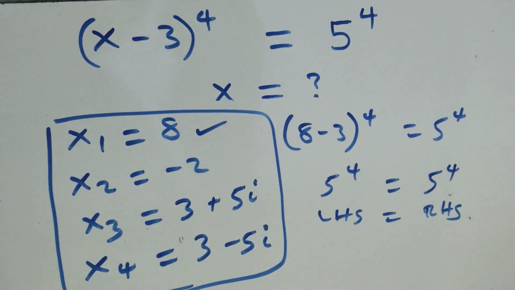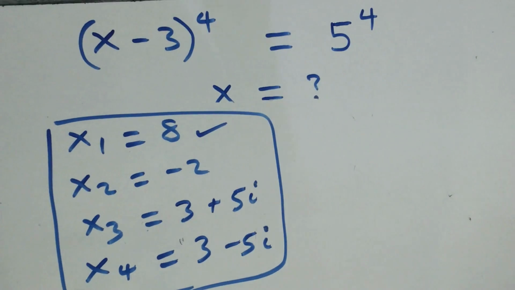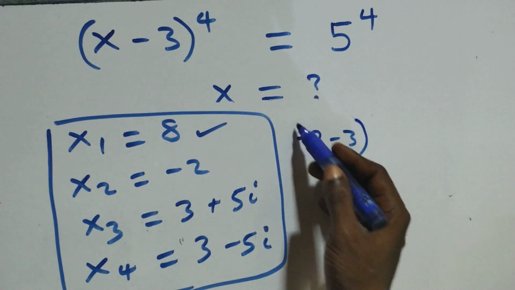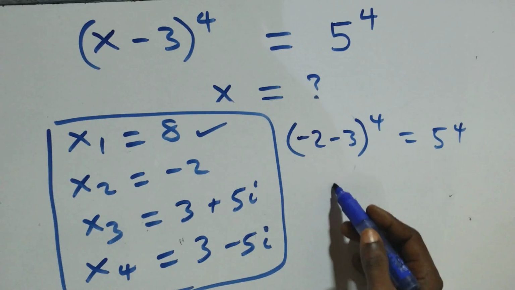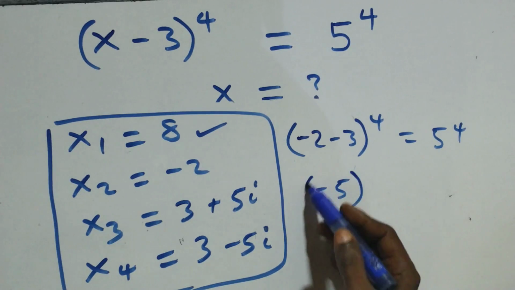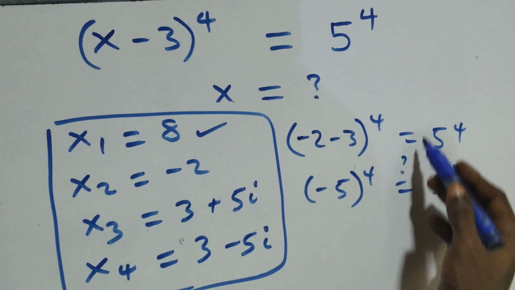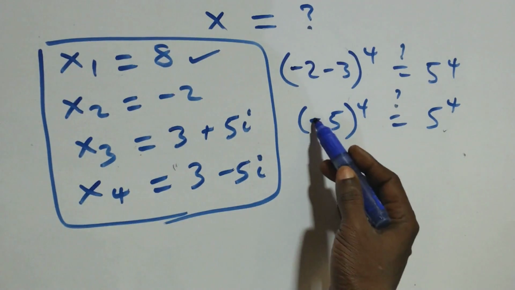And also here, for minus 2, when we substitute as well, here this becomes (minus 2 minus 3) all raised to power 4 is equals to 5 raised to power 4. Minus 2 minus 3 is minus 5, all raised to power 4 equals to 5 raised to power 4. Then, of course, this minus is raised to power 4.